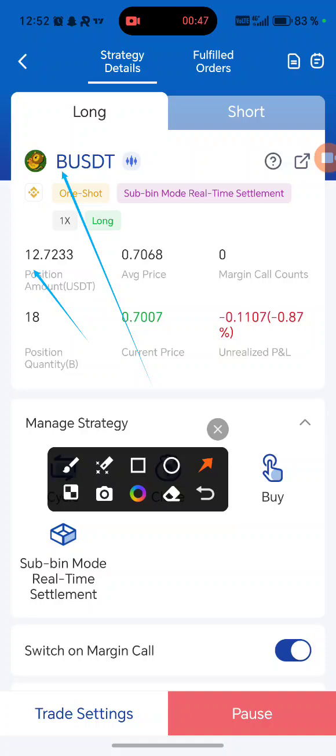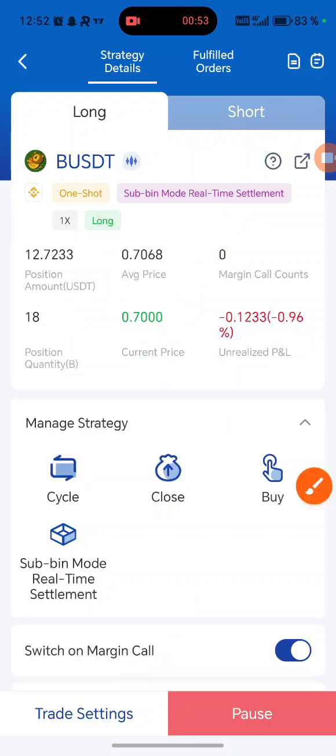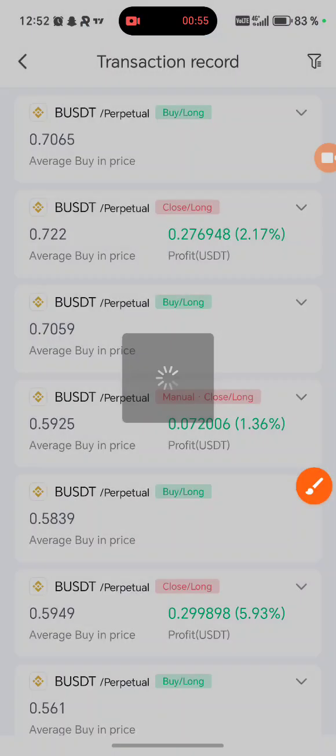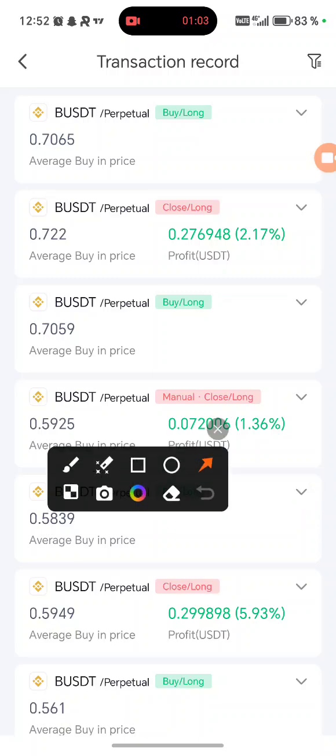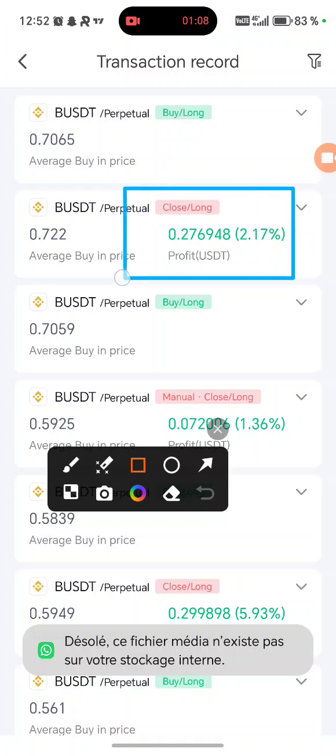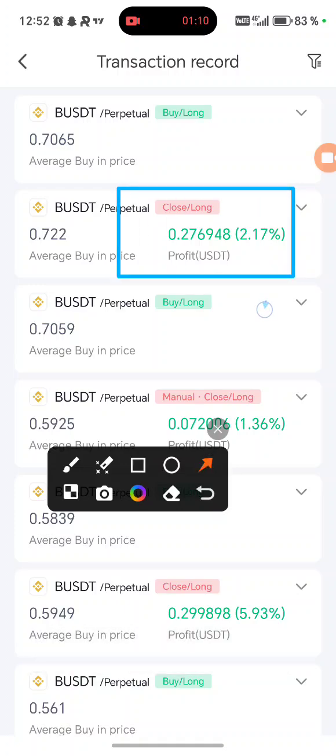Okay, so before I go to the trade settings, I'm going here to the history records. What does it mean? It means the previous profit that you made or the loss that you made on the coin. Here is the transaction of the previous, which is the first signal that I sent this morning. Here you can see that the coin has delivered 2.17%, which is giving 27 cents. Why 27 cents?